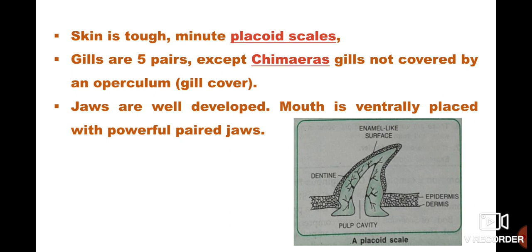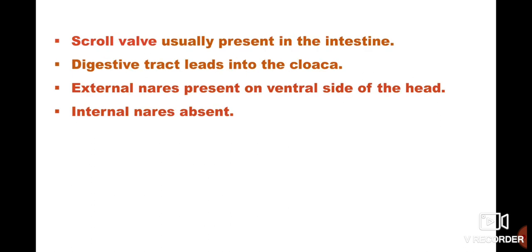What about their mouth? Well, jaws are well developed in them, and you can see their mouth is placed on the ventral side of their body. These chondrichthyes have one valve that is known as the scroll valve. This scroll valve is usually present in the intestine of chondrichthyes.